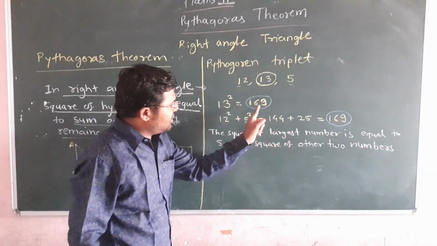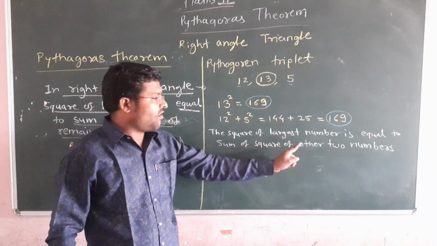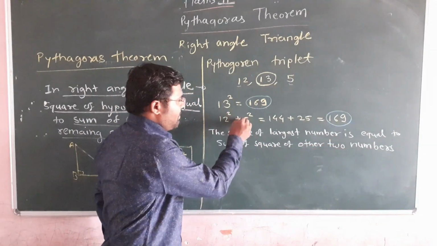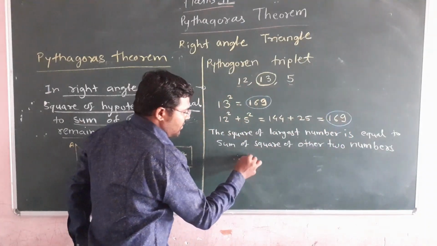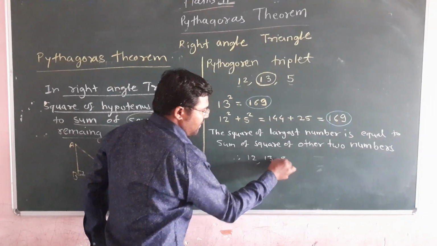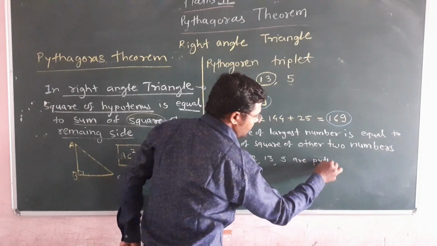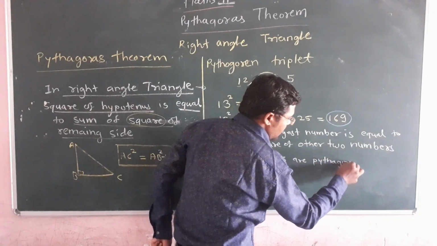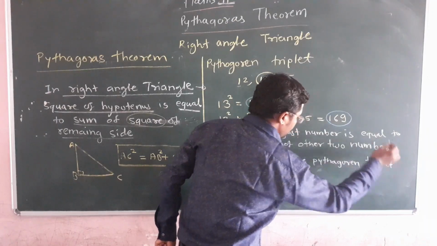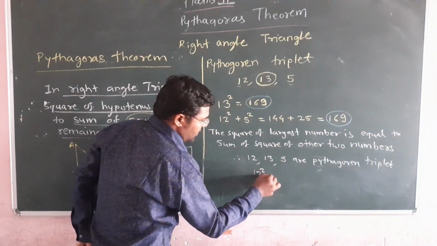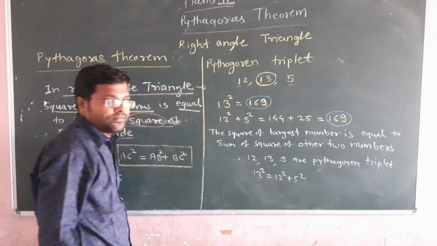The square of the largest number, 169, is equal to the sum of the squares of the other two numbers. 12 square plus 5 square is also 169. That means, therefore, 12, 13 and 5 are a Pythagorean triplet. Here write also 13 square is equal to 12 square plus 5 square. Okay.